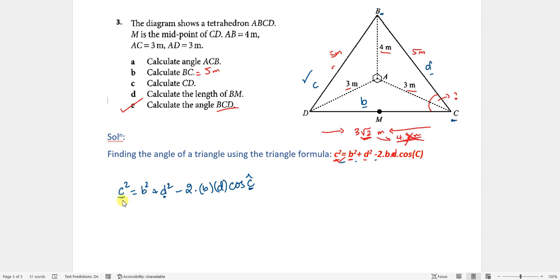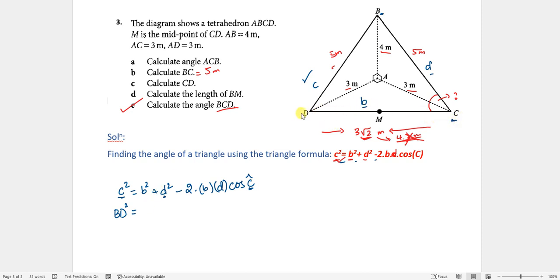Now since we have written the exact form, we will just change the letters to the actual labeling that is given in the question. So C square becomes what? Where is C? This is C. C is BD. So we write BD square is equals to, what is side B?